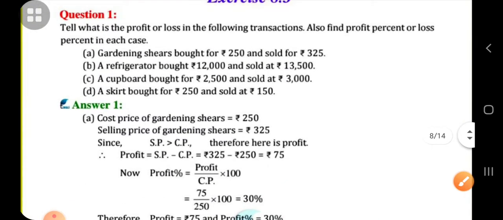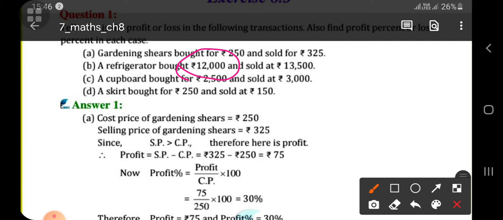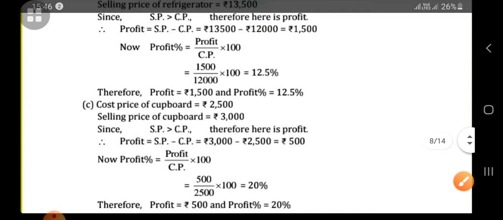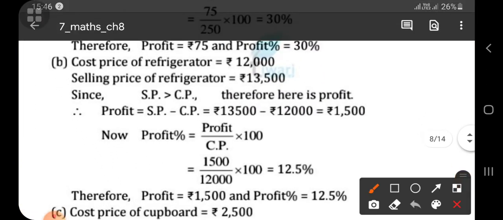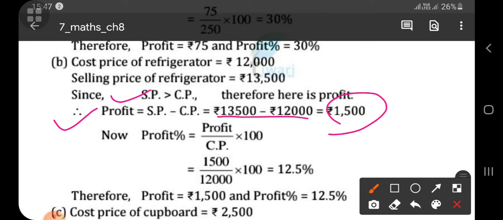Second one, a refrigerator bought at 12,000 rupees and sold at 13,500 rupees. So it is obvious there is a profit. SP is greater than CP. Profit is equal to selling price minus cost price. 13,500 minus 12,000, so 1,500 rupees is the profit.